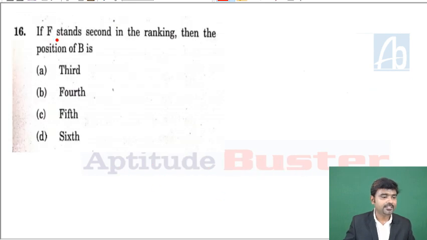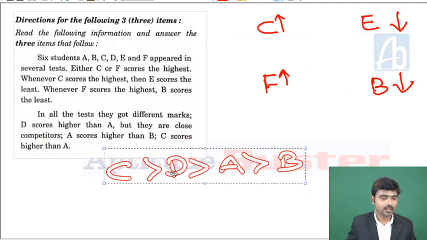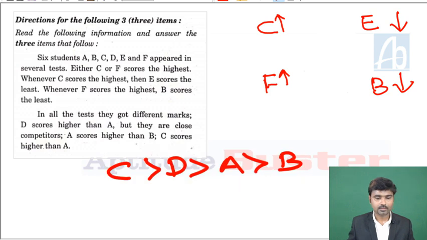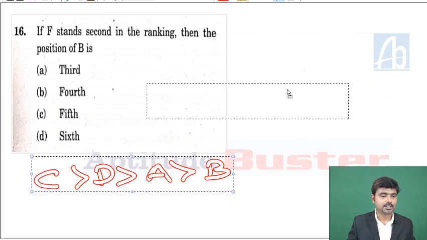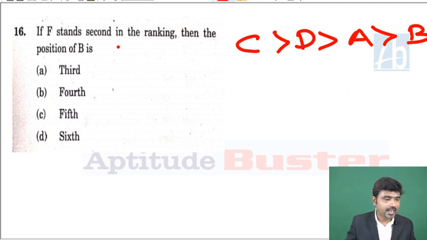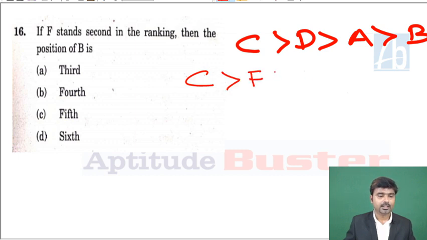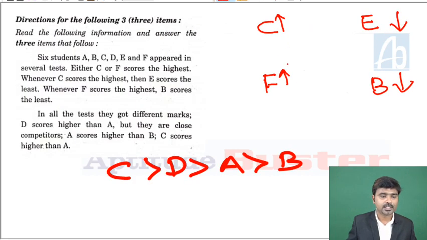What's the question? If F stands second in ranking, what is the position of B? Just copy this and paste here. Once F stands second, that means C should be in the first rank. C is more than F, then more than D, more than A, more than B. Once F stands second rank, C should be the highest.